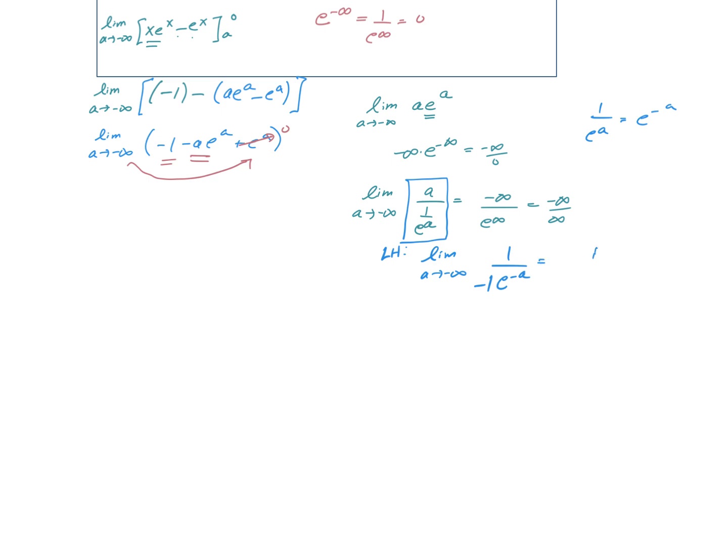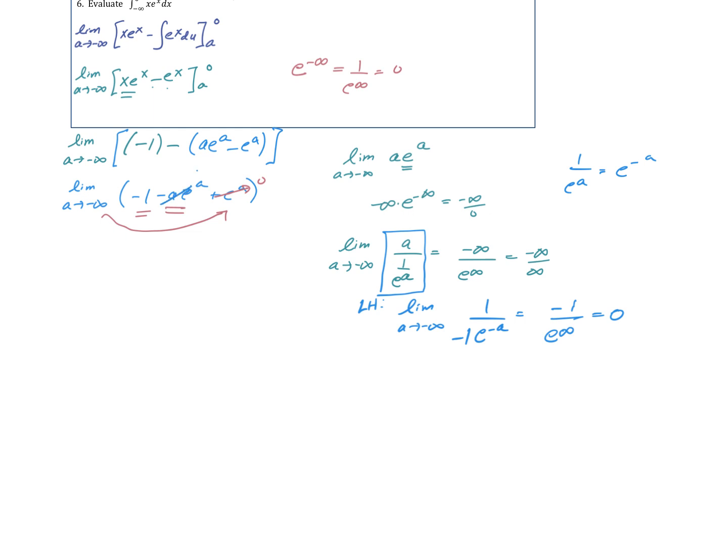So now I've got 1 over, I'm going to put the negative on top, e to the negative a, double negative, I get e to the infinity, which is 0. So that means this piece also goes to 0, which gives me negative 1. So this converges.